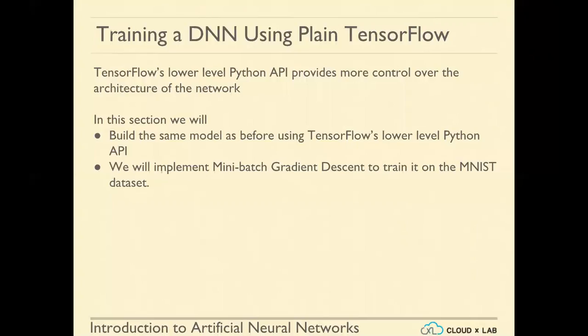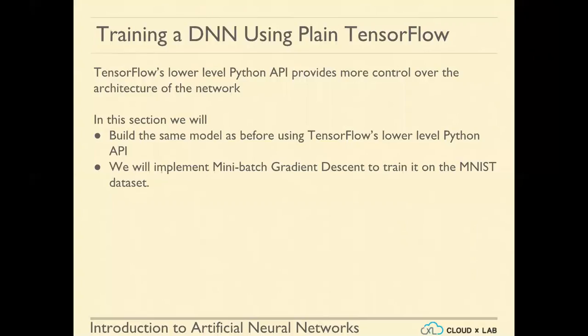TensorFlow is a really low level API with which you can design things which are algebraic in nature, or which require evaluation of expressions, feeding the values, and so on.